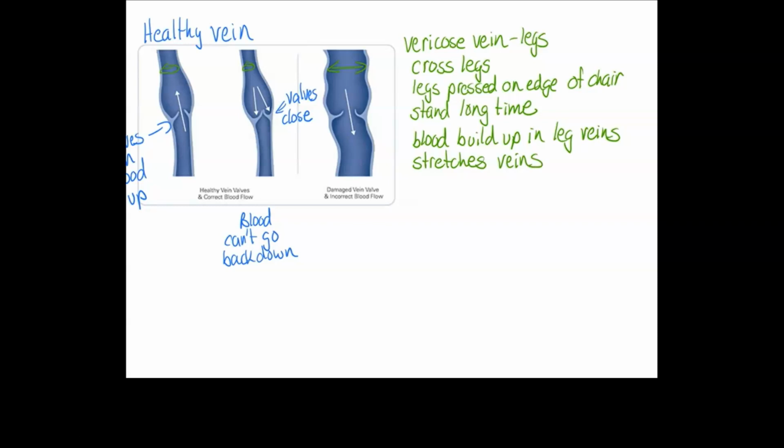Okay, now look at the valve. The two flaps of the valve are too far apart so that they don't meet. Notice a closed valve, the two flaps kind of hold each other up. If the vein is stretched out, the two flaps don't meet and they can't hold each other up.